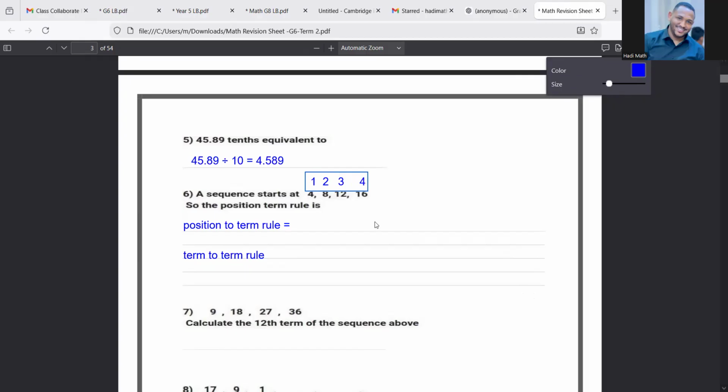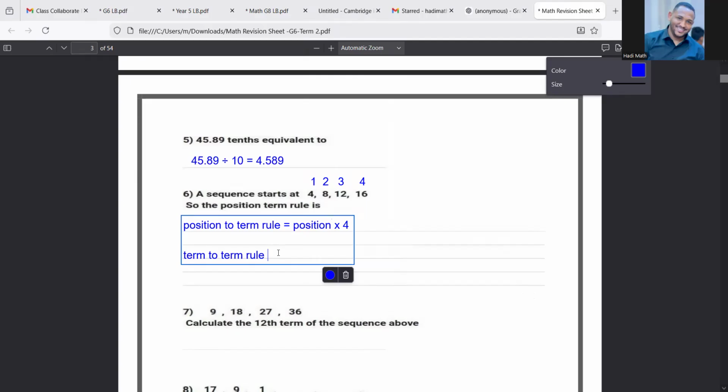Then see: 1 multiplied by which number gives you 4? 1 multiply 4 gives you 4. 2 multiply 4 gives you 8. 3 multiply 4 gives you 12. 4 multiply 4 gives you 16. So the position to term rule is equal to the position times 4. This is about the position to term rule.